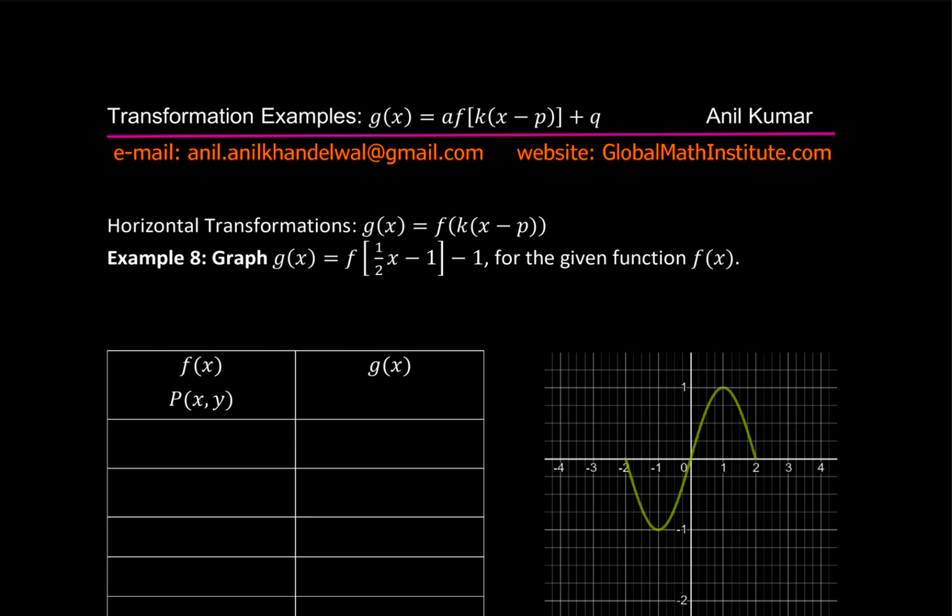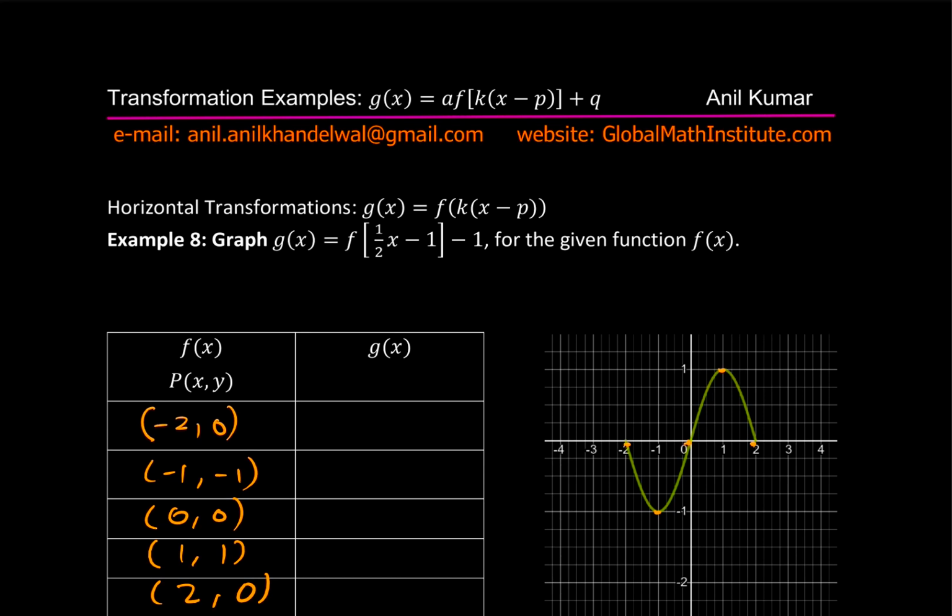Now in this case, let us first write down the critical points. Last time we messed it up a bit. So this is better to write first. So the original points for us are minus 2, 0. Then we have minus 1, 1, 0, 0, 1, 1, and 2, 0. So these are our original points.